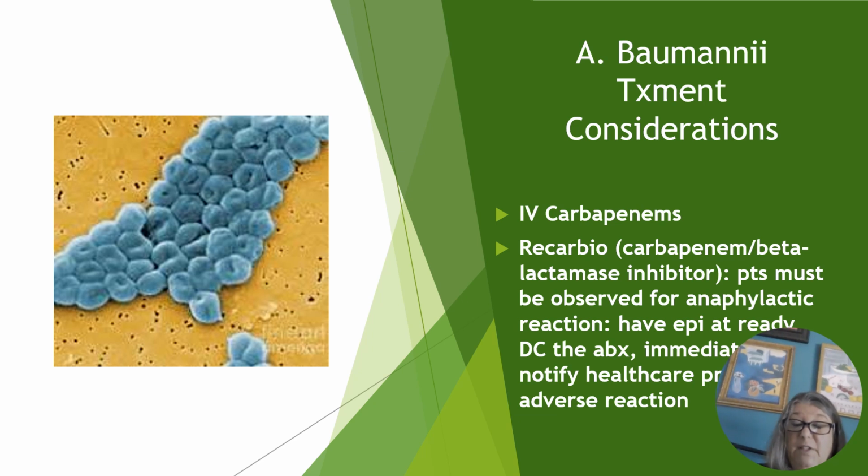So this is just more A. baumannii treatment consideration. Typically we treat with carbapenems, so meropenem in particular. If our Acinetobacter is becoming carbapenem resistant, we've just lost the main antibiotic to treat, right?